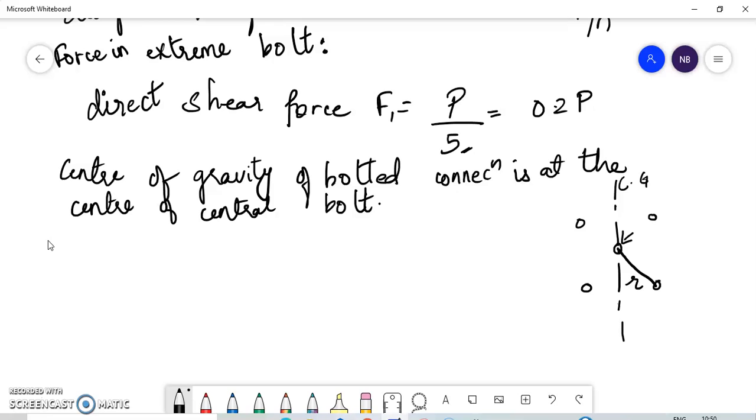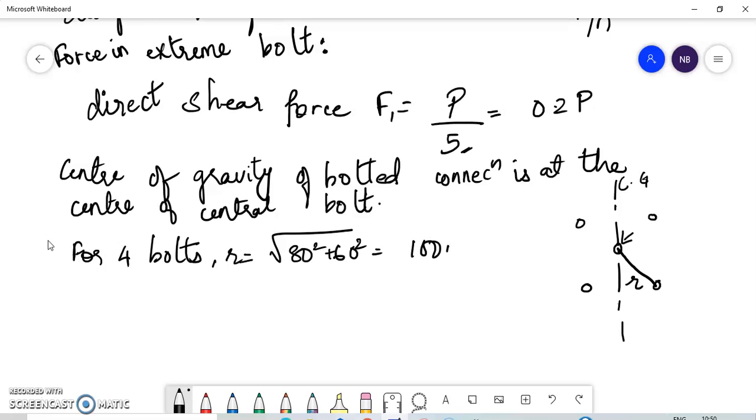It will be equal for 4 bolts. So for 4 bolts, R equals the square root of 80 square plus 60 square, which is 100 mm, and for the central bolt, R will be 0.